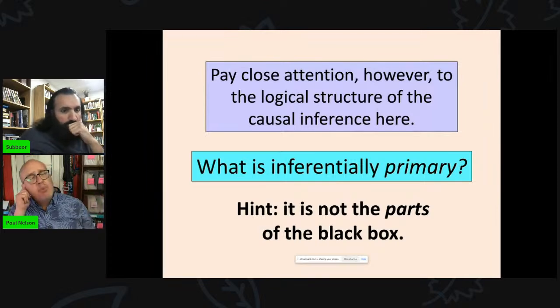This is very important. In fact, you could say it's the primary takeaway from this presentation, that intelligent design as a causal explanation enables you to start with the system as a whole. Why? Because that's what designers do, right?